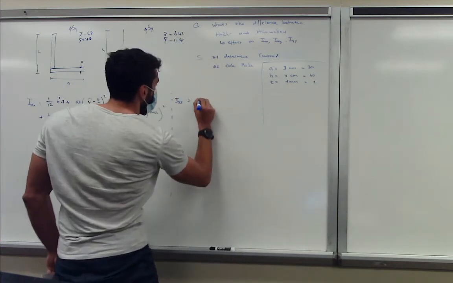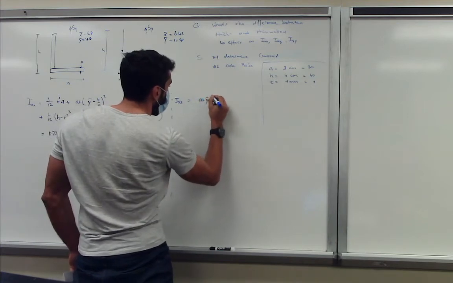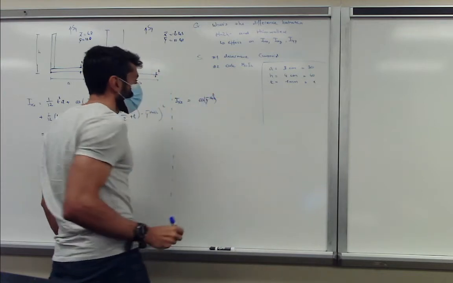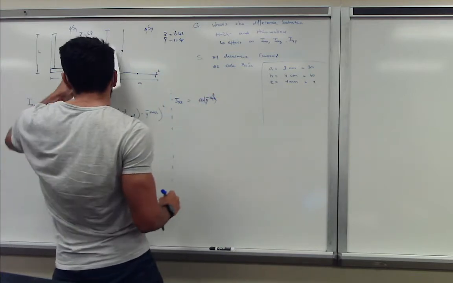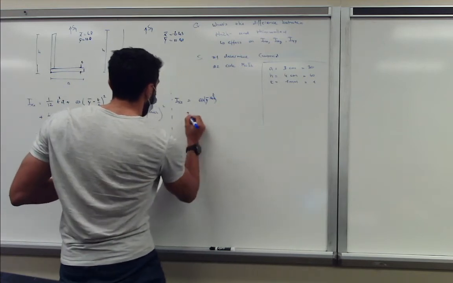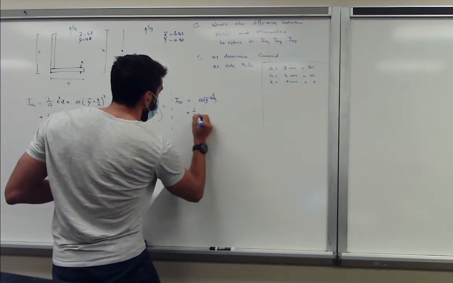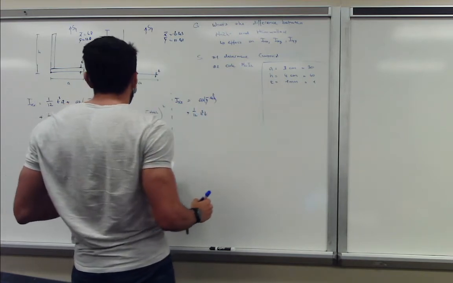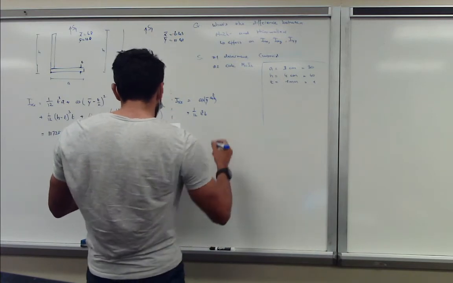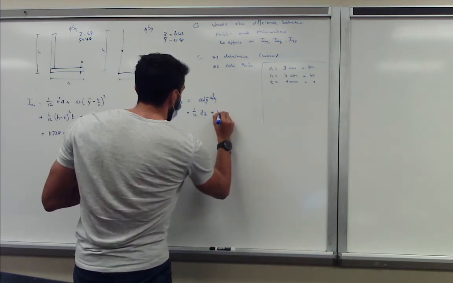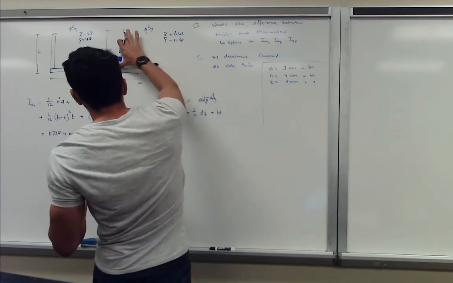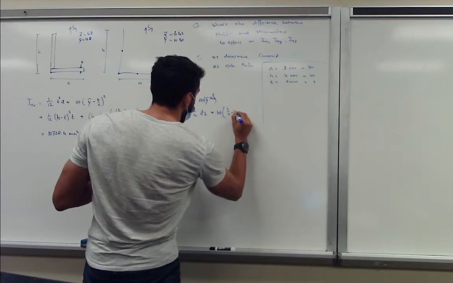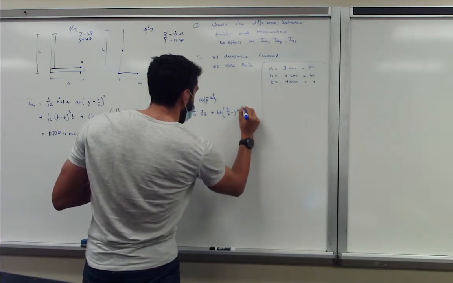So this becomes At multiplied by y thin squared, plus the straight section: 1/12 h cubed t plus ht, that's the area for this section, multiplied by h/2 minus y thin squared.